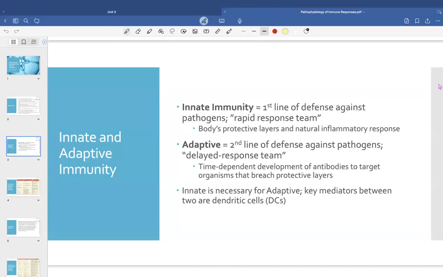The main mediators between adaptive and innate are the dendritic cells. These are key players that communicate between the two different components of the immune system. To have a full complement of immune cells, we need both to be functioning properly.